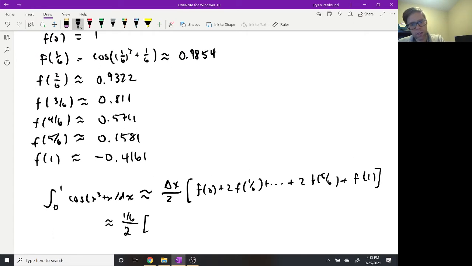So f at 0 is just the number 1, so nothing too exciting there. Let's calculate 2 times this first thing. 0.9854. So we get like 1.9708. So 2 times the next thing.